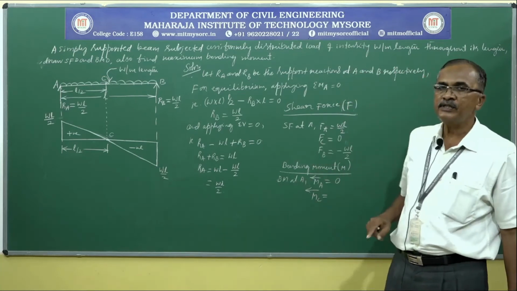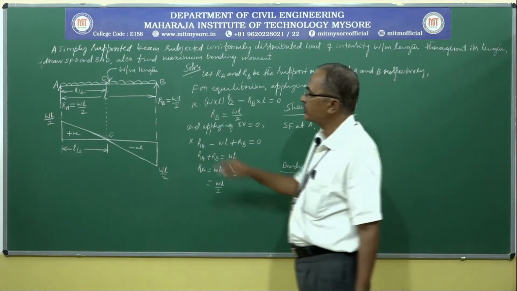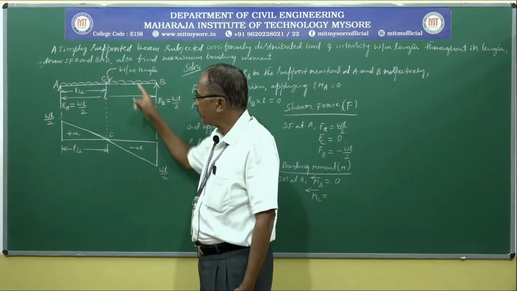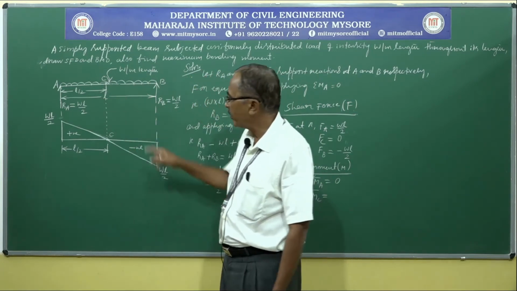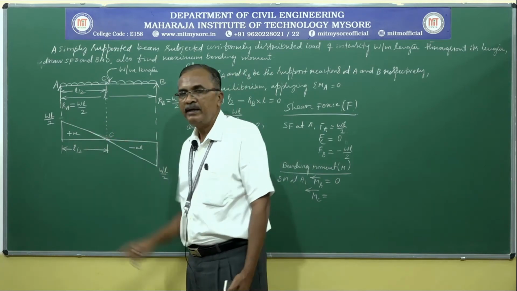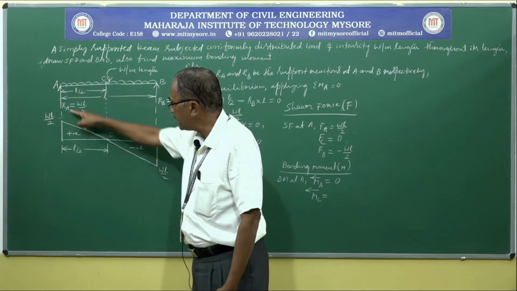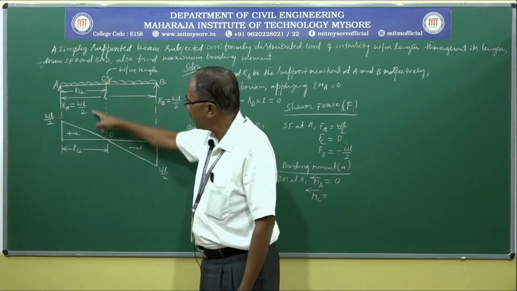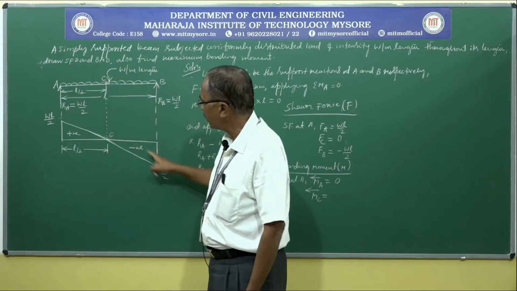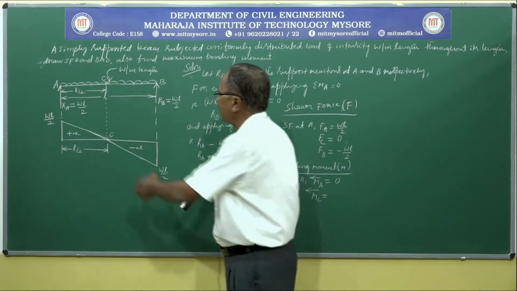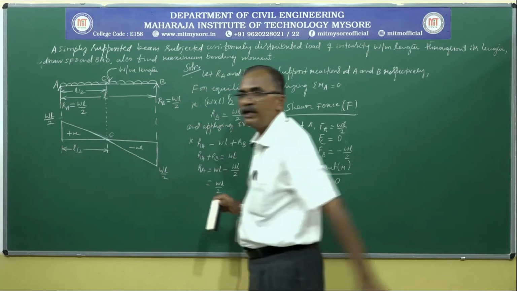So in previous cases, wherever the shear force diagram changes its sign from positive to negative, if it is changing at an unknown point, that point we used to locate from the nearby point or support. But because of symmetry here, one can easily say that it will exactly change its sign from positive to negative at the center. So no need of calculating this again, directly you can take it as L by 2.